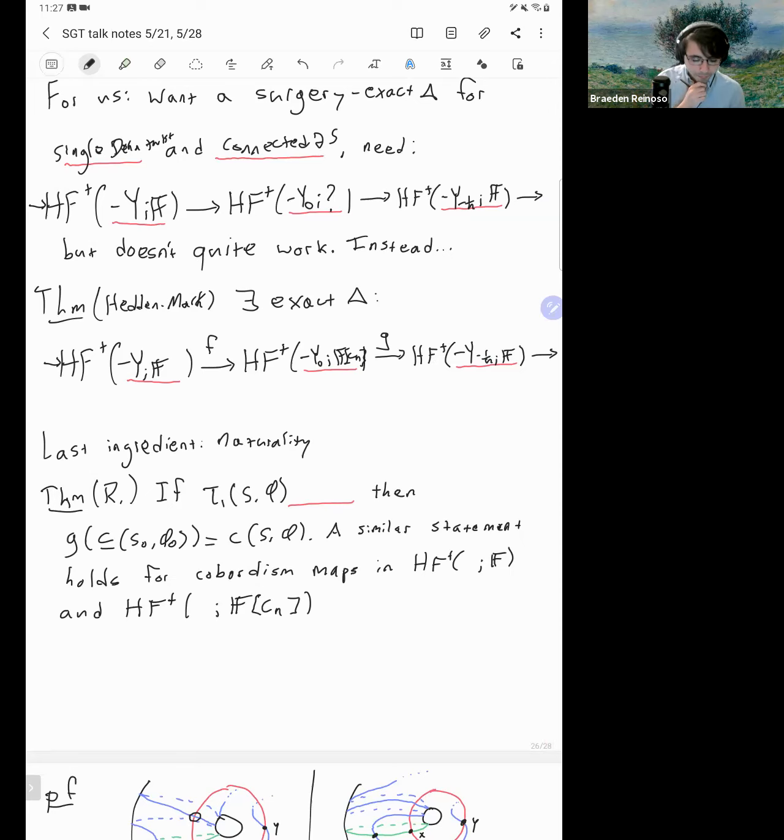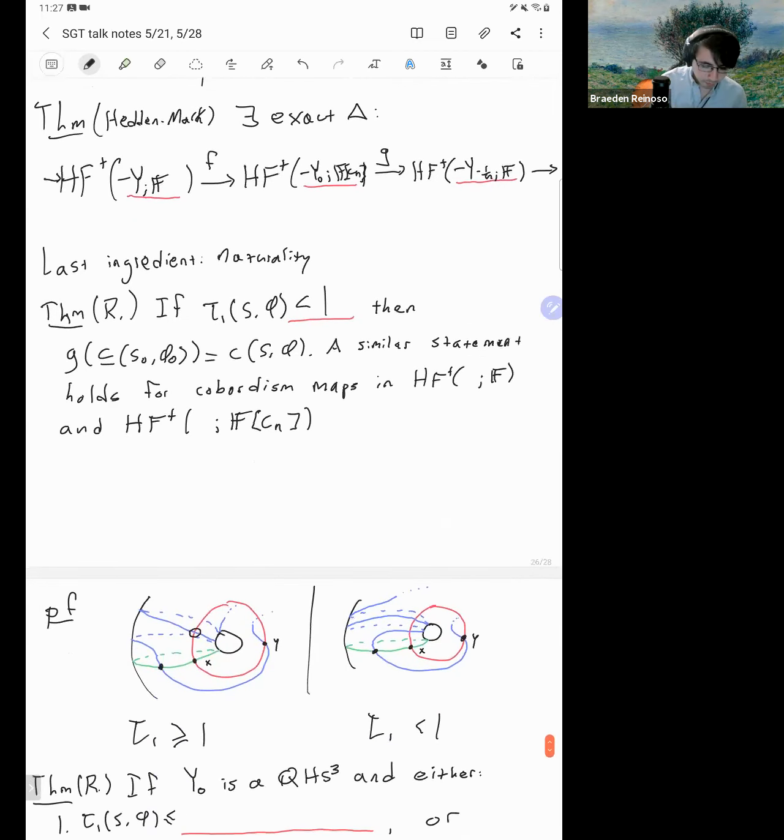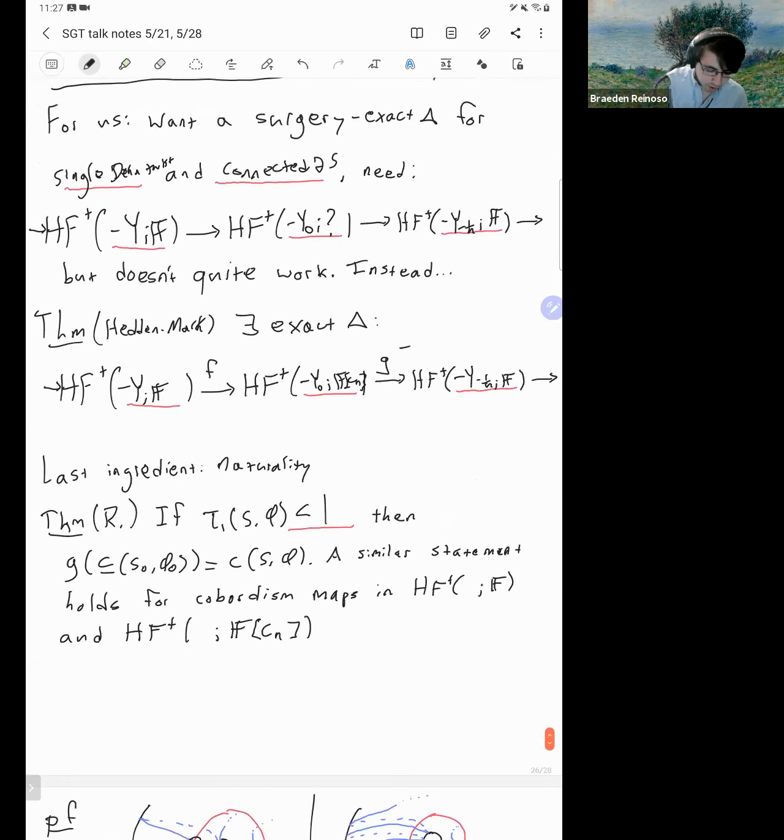And finally, the last ingredient to our proof is just simply that if the fractional Dehn twist coefficient of your open book is less than 1, then this map G here sends this twisted contact class that lives in this FCN coefficient system associated to your capped off open book. It sends it to your original contact class.